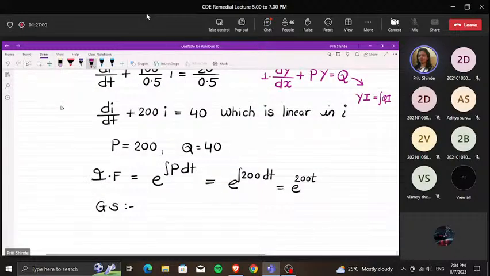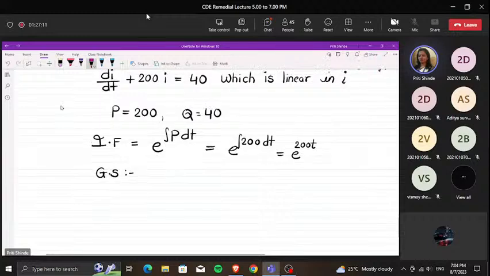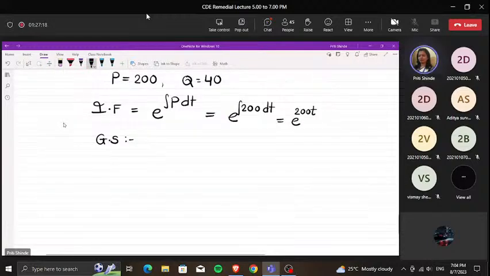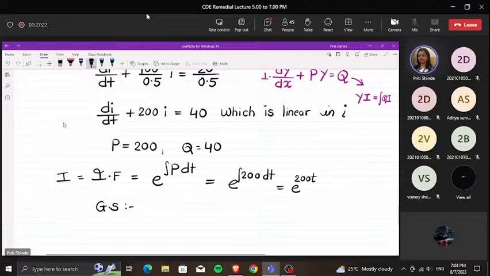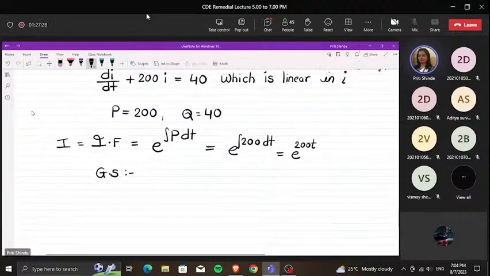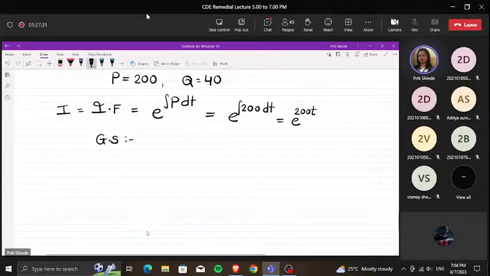Okay, this differential equation is linear in I. So can anyone tell me what is the general solution? Left hand side, integrating factor is capital I. It is linear in I, so what is the general solution? Anyone? Just unmute yourself and tell me the left hand side.